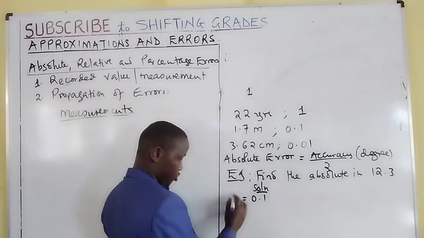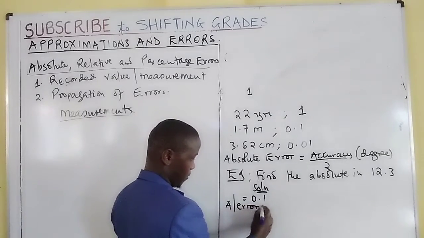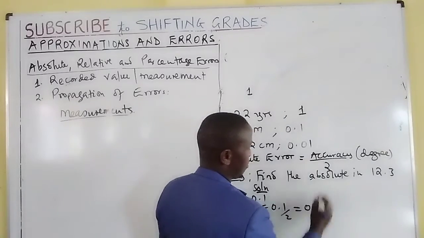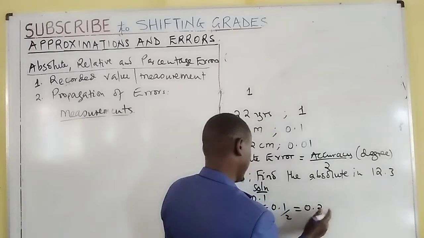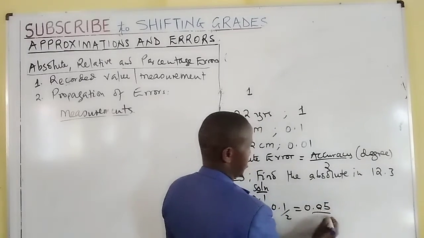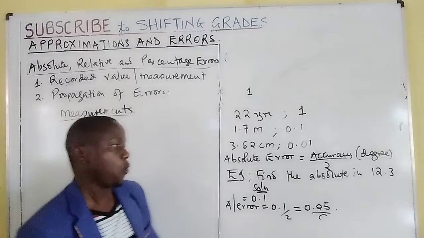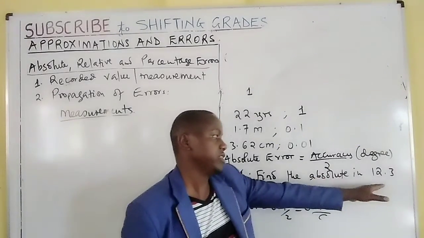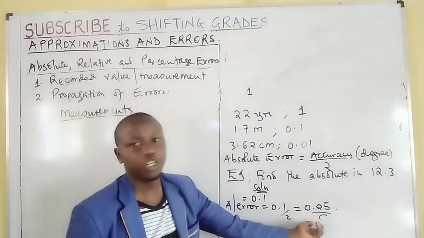Therefore, absolute error will be 0.1 divided by 2, 0.05. So the absolute error when the measurement is recorded to 1 decimal place is 0.05.